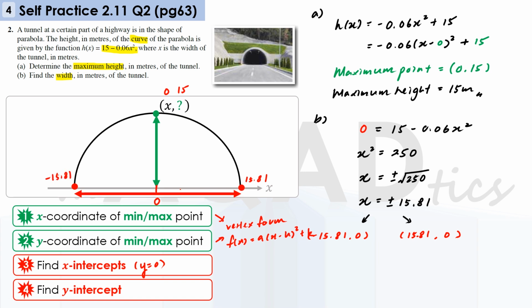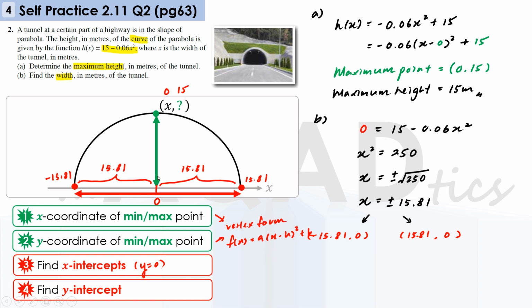So our length from here to here is 15.81, as we just find the difference between these two values. And this one is also the same, because it's from 0 until negative 15.81, so this one will have the same length.